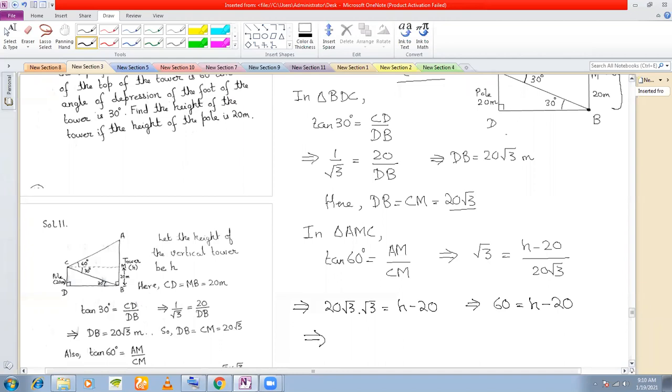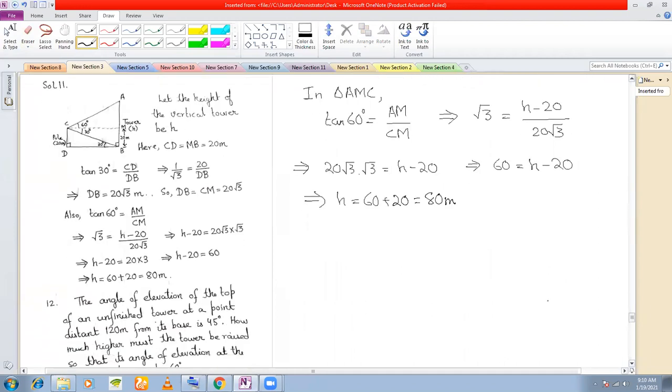That means H is 60 plus 20, which is equal to 80 meters.